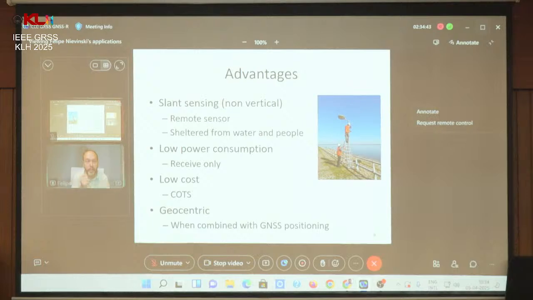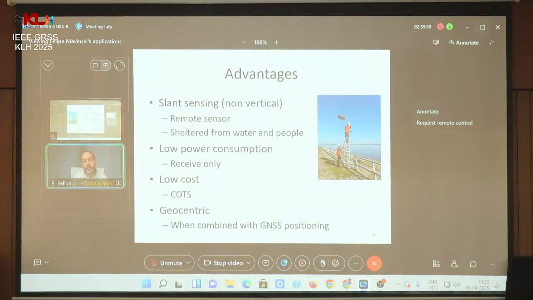It's low cost because it's based on off-the-shelf antennas and receivers. For a few dollars, for about $200, you can put up the radio station with power included. And it has the promise of providing geocentric water levels.